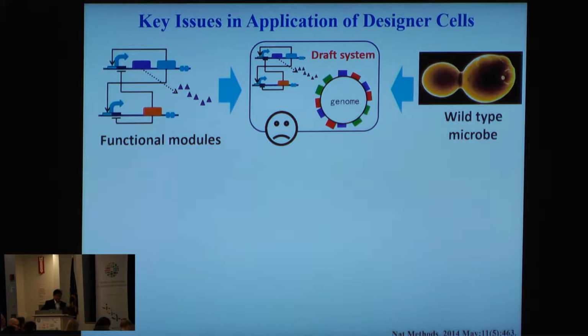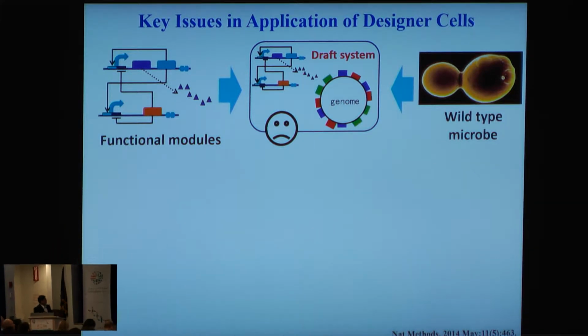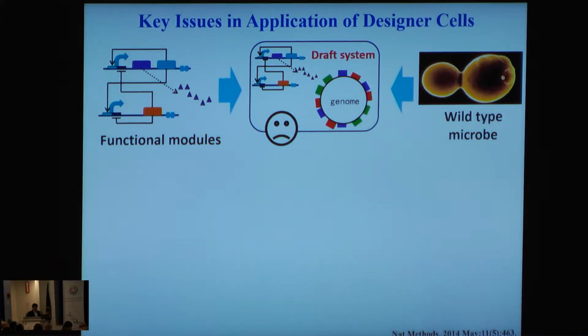The key issue for the application of a designer cell is this: when we want to gain a function or produce a product, we design and build a functional module and insert it into a wild-type microbe. In most cases, these systems cannot work very well. So what we are trying to do is both ways.